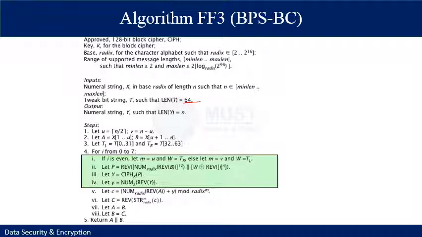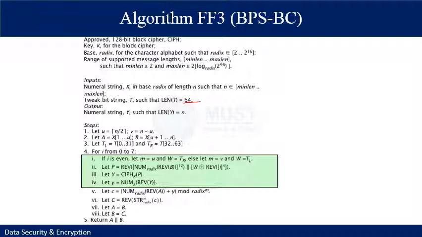The shaded area states that, as in FF1 and FF2, this step determines the length M of the character string output that is required to match the length of the B portion of the round output. The step also determines whether the left tweak or right tweak will be used. The bits are reversed in step 2, then the number in radix produces a 12-byte numerical string in base radix.